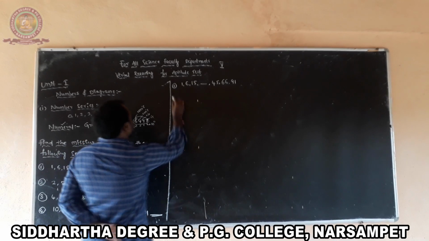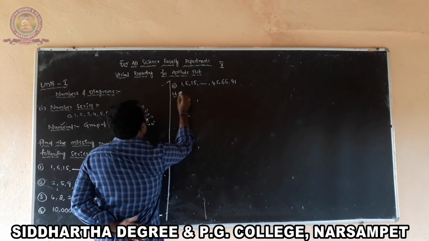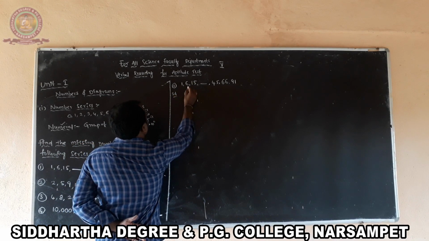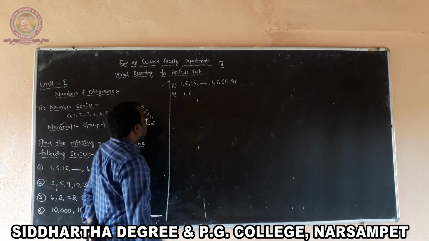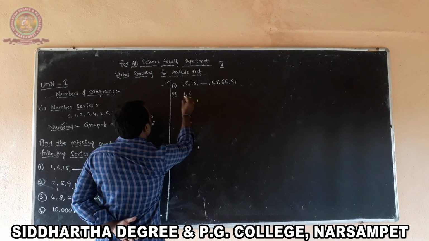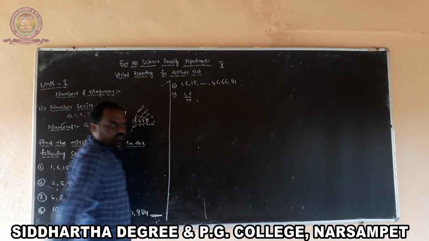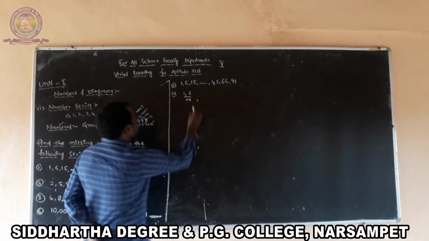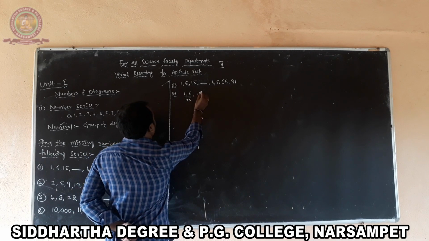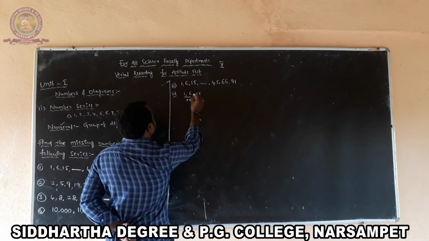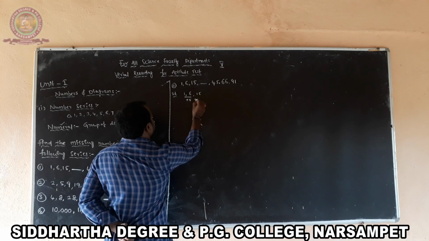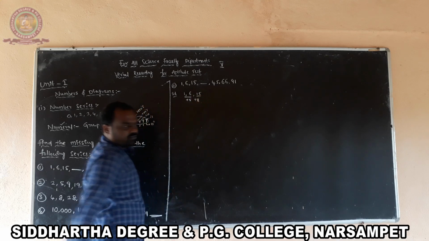Right? So the solution is, the first one is 1 and the second one is 6. The difference between these two is 5, so 1 plus 5 is 6. The next number is 15. What is the difference between these two numbers? 6 plus 9 is 15.